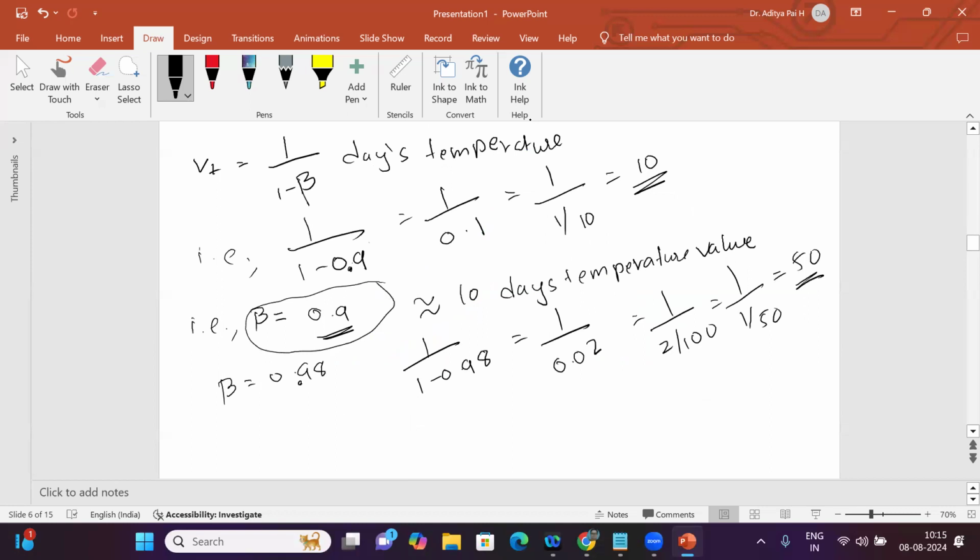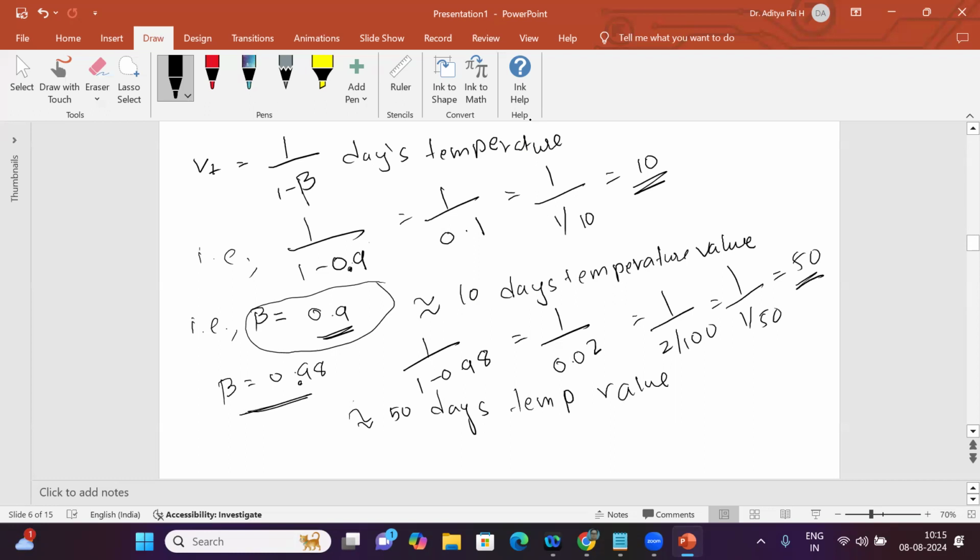So if I increase my beta value from 0.9 to 0.98, it is the 50 days temperature. That is, if my beta value is 0.98, then roughly the 50 days temperature value is taken into consideration.